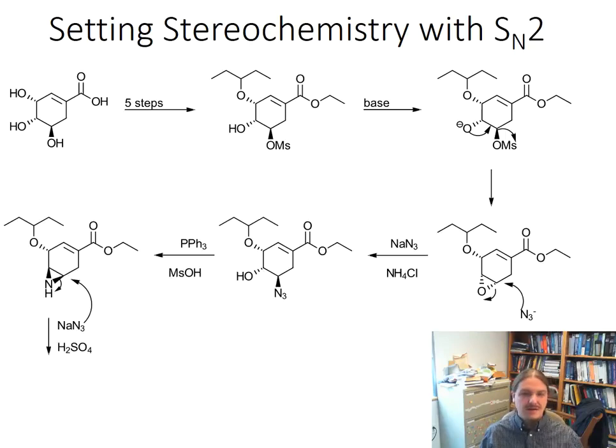So the azide is reduced to an amine, and the alcohol is converted into the mesylate, and you get another internal SN2 reaction. There's a lot to that particular reaction, so I'm not showing its mechanism.